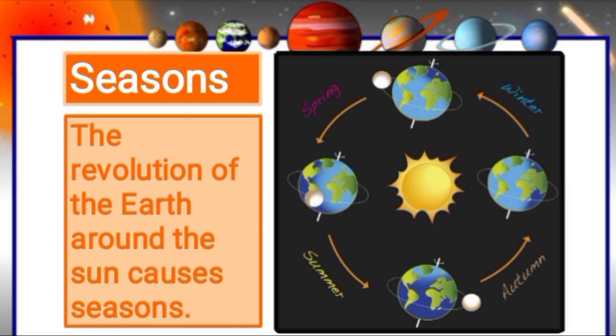Now, how are seasons caused? The earth's revolution not only affects but actually causes the temperature conditions that give us spring, summer and winter seasons.